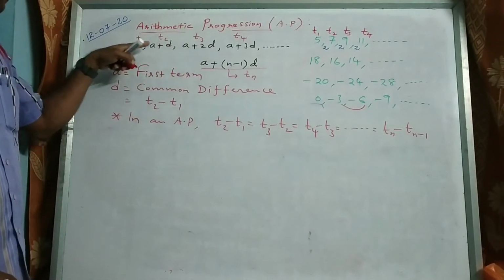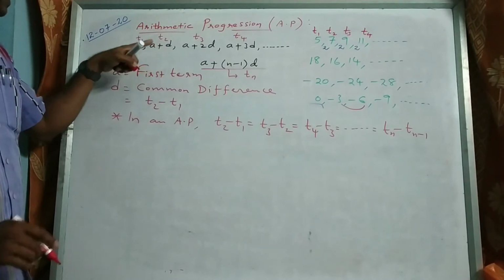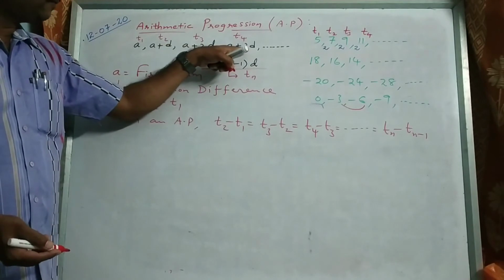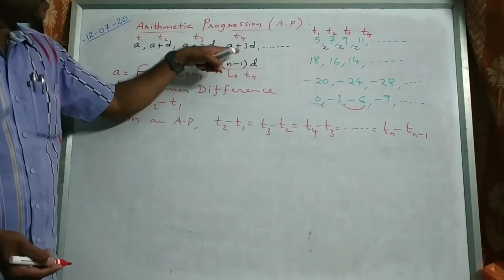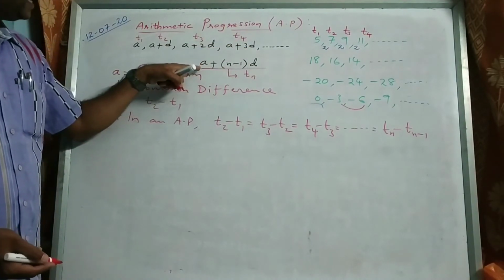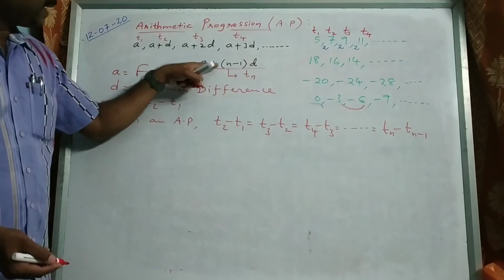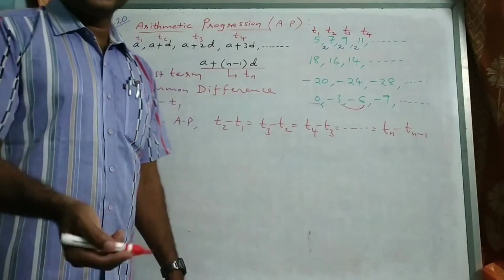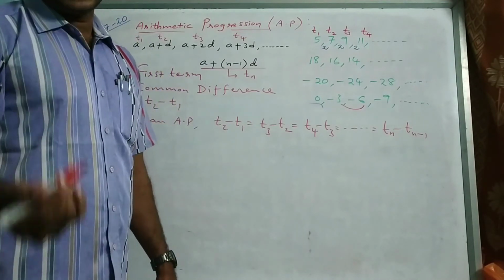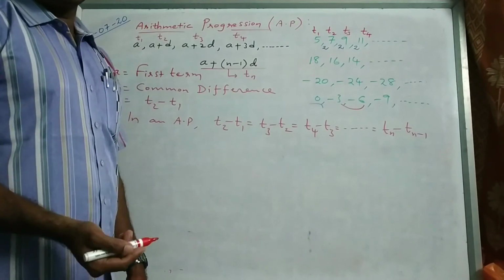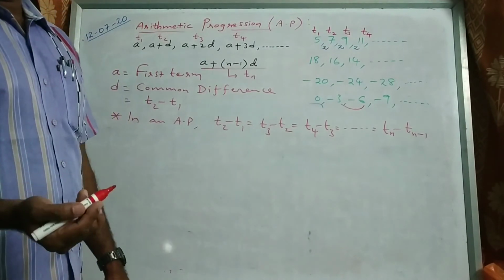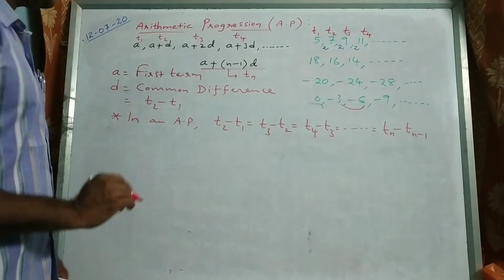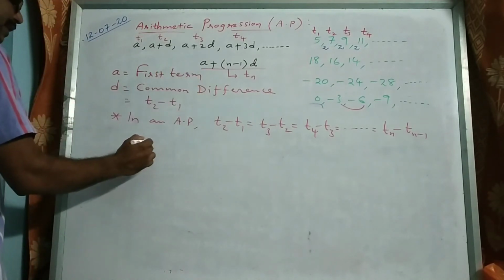The nth term means A plus n minus 1 into D. Suppose I want the 50th term: A plus 49D. The 100th term: A plus 99D. The 20th term: A plus 19D. Reduce 1, that's all.